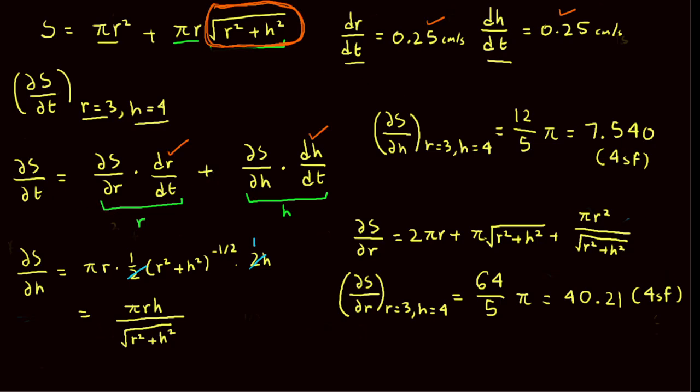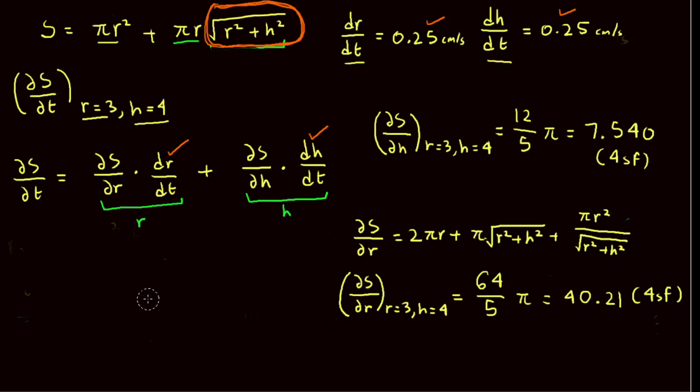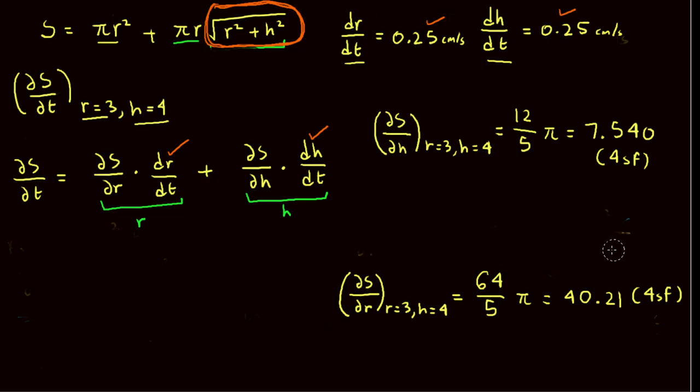So let me just erase these straight away. Okay, so therefore your del S del T is just going to be del S del R, which is 64 over 5 pi.